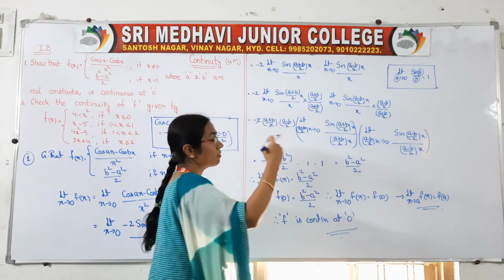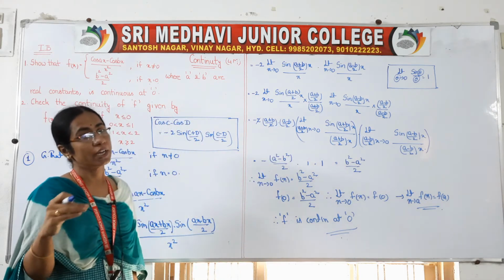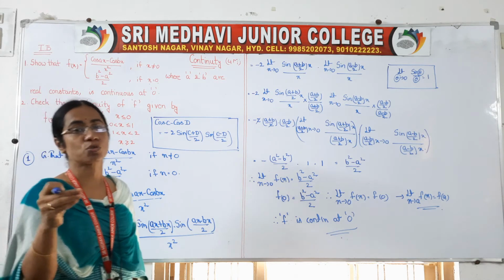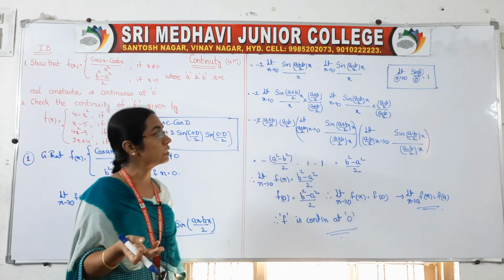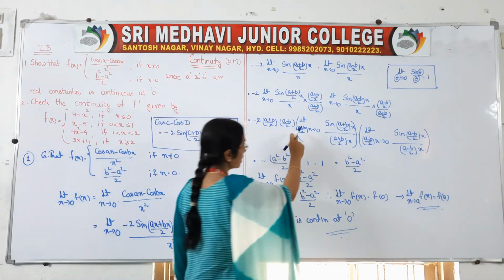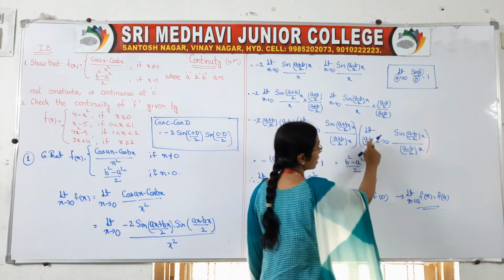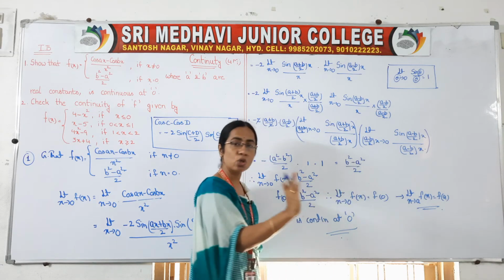Next, here the x limit also must be the same, no? If x value tends to 0, then almost equals 0, and 0 into anything is 0 only. So we can write this as (a plus b) by 2 x tends to 0, (a minus b) by 2 x tends to 0.